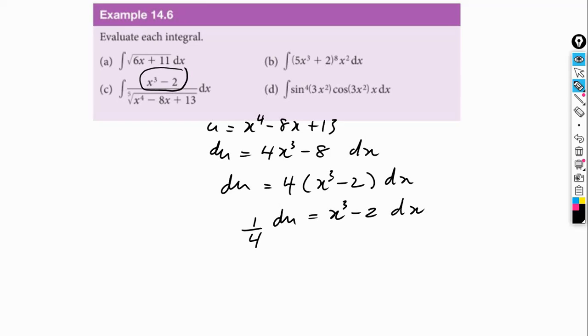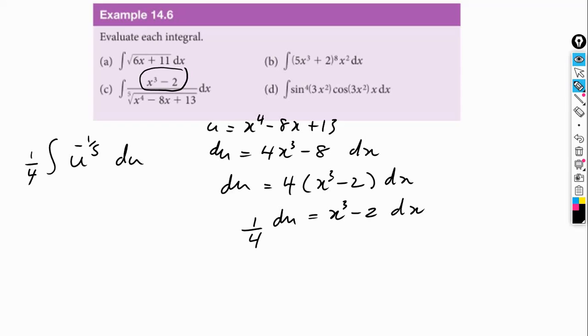So this could be rewritten as the integral of u to the negative 1/5, right? Because it would be 1 over u to the 1/5. So u to the negative 1/5 du. And I forgot the 1/4, so 1/4 out here, of course.